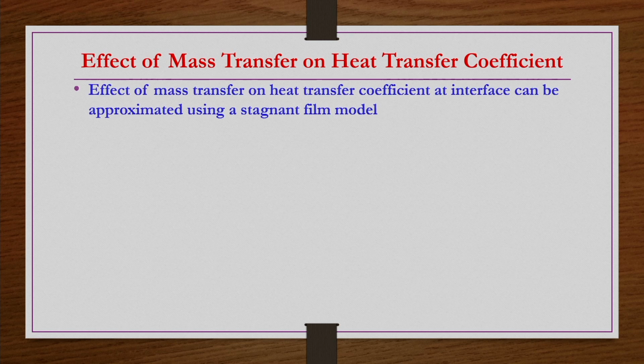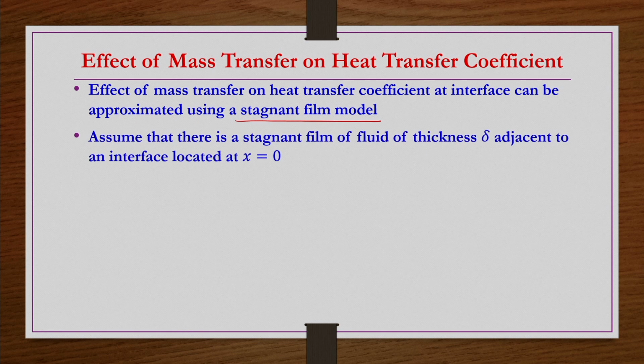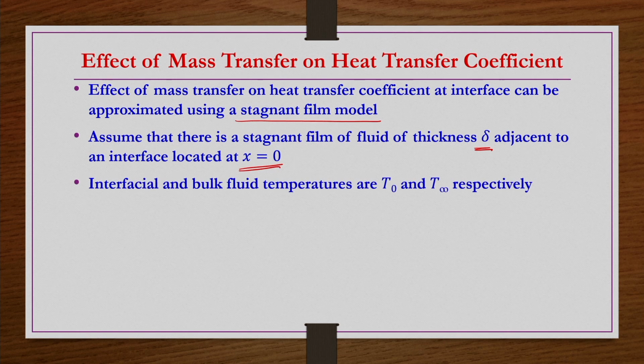So, now we take another problem, effect of mass transfer on heat transfer coefficient. Here, the effect of mass transfer on heat transfer coefficient at an interface can be approximated using a stagnant film model. Assume that there is a stagnant film of fluid of thickness delta adjacent to an interface located at x equals 0.